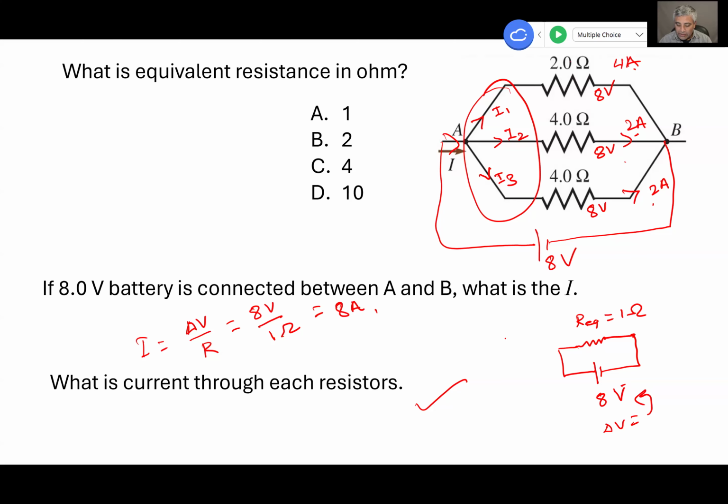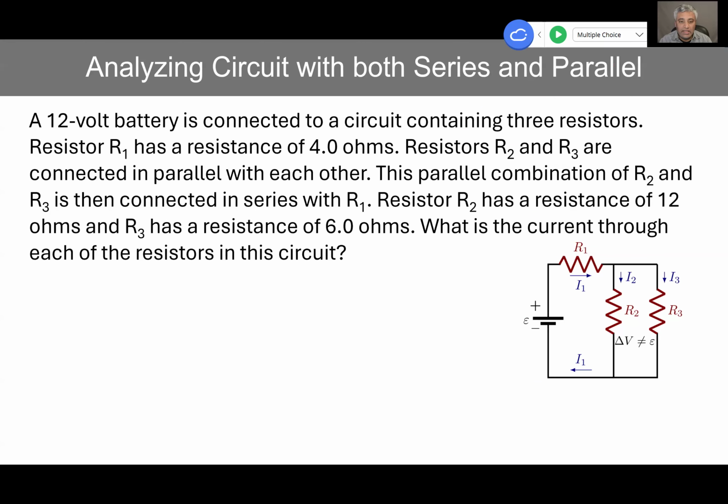Okay. So now we can have a combination of both series and parallel at once. So far we talked about them separately, one being in series, another being in parallel, right? But now we have these two in parallel, and this one is in series.